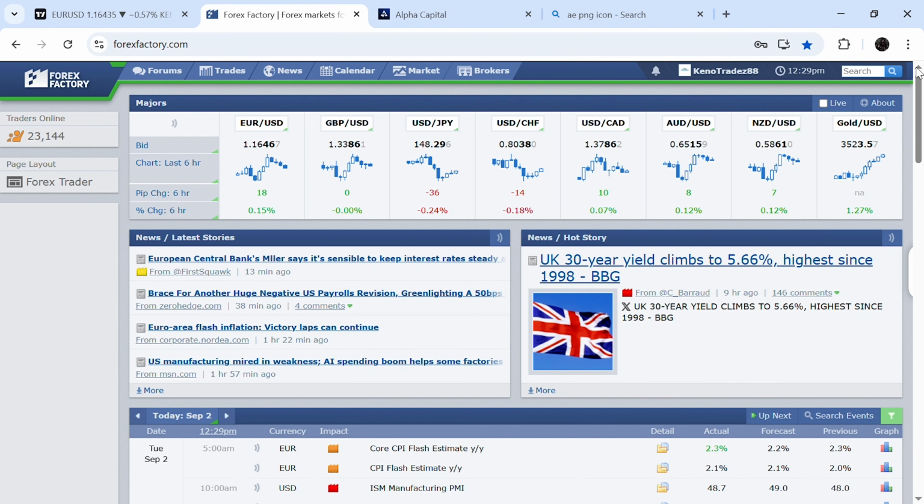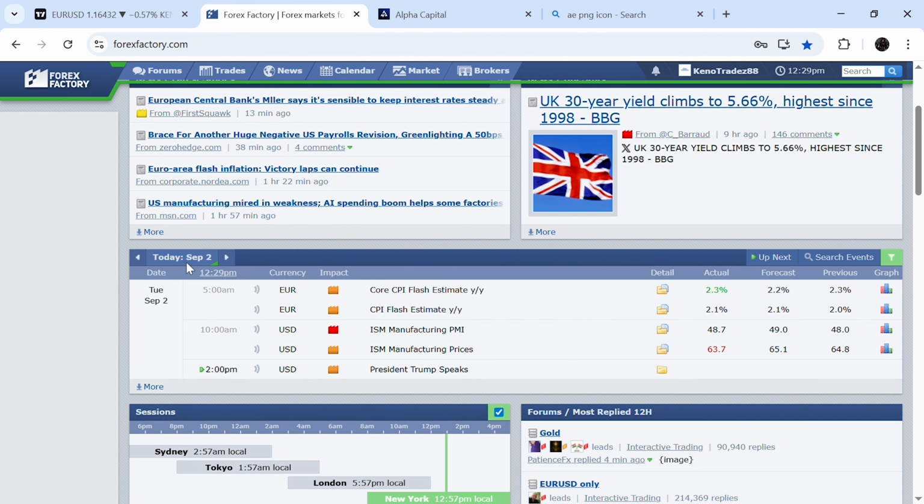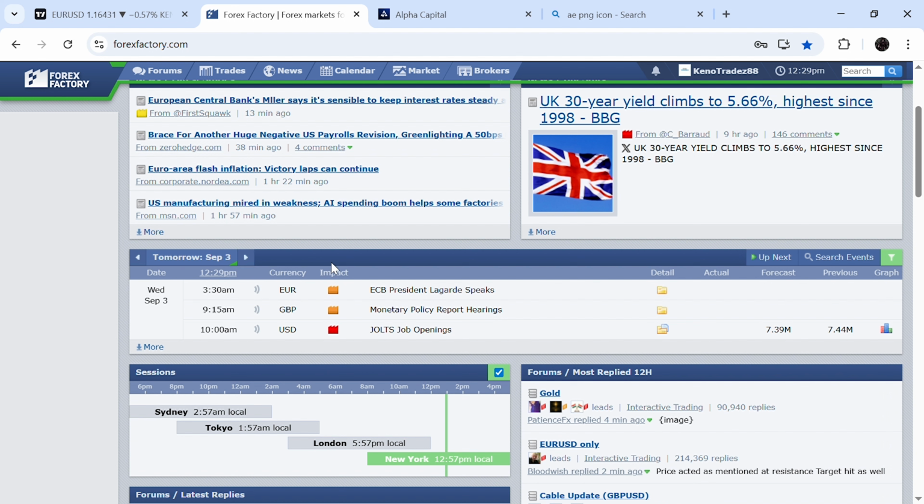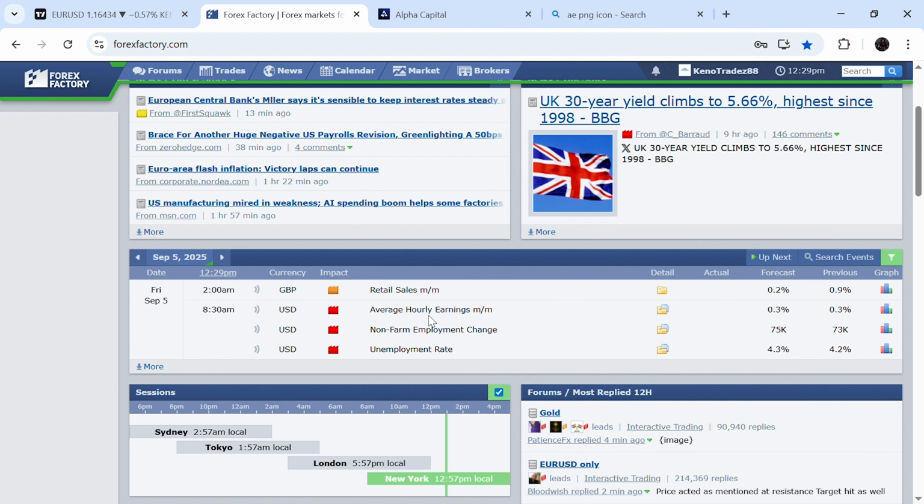And tomorrow, I am planning to trade tomorrow because the news looks pretty nice. And tomorrow would basically be the last trading day of this week, because Thursday we have ADP, non-farm employment change, that's like an NFP, and we have another NFP Friday.